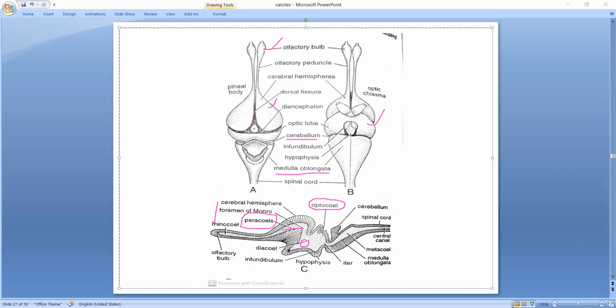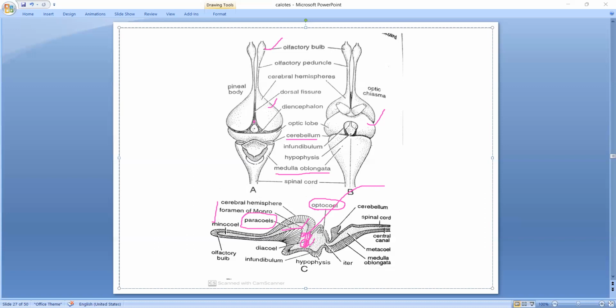Okay, and here you can see this one that connects the first, second ventricle and third ventricle by the foramen of Monro, an aperture that connects the second ventricle with this area.